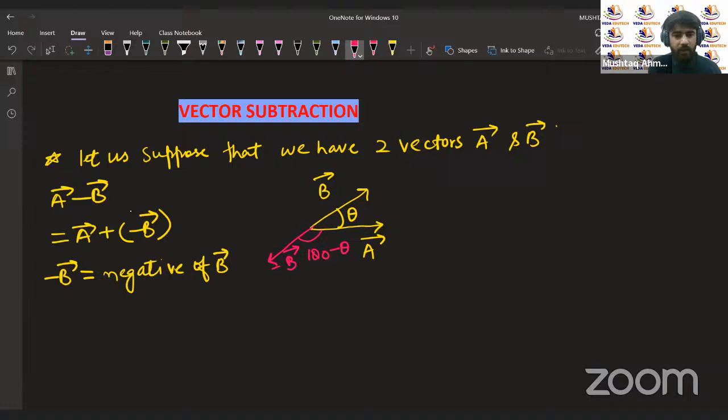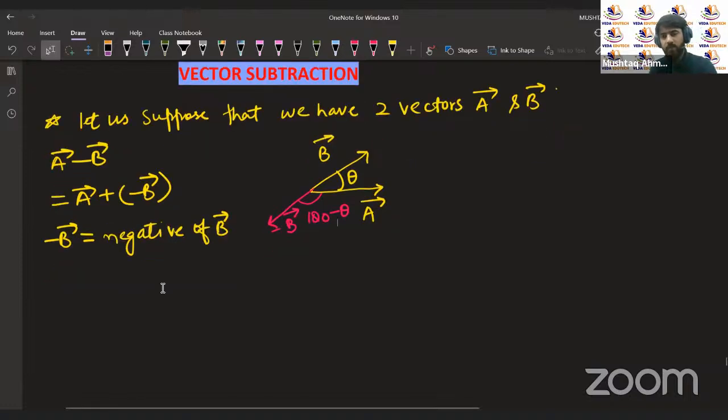So vector subtraction here is just the same as vector addition, but what we are doing is that we are just adding the vector A with the negative of vector B. So the resultant of these two vectors will be here in between A vector and minus B vector.